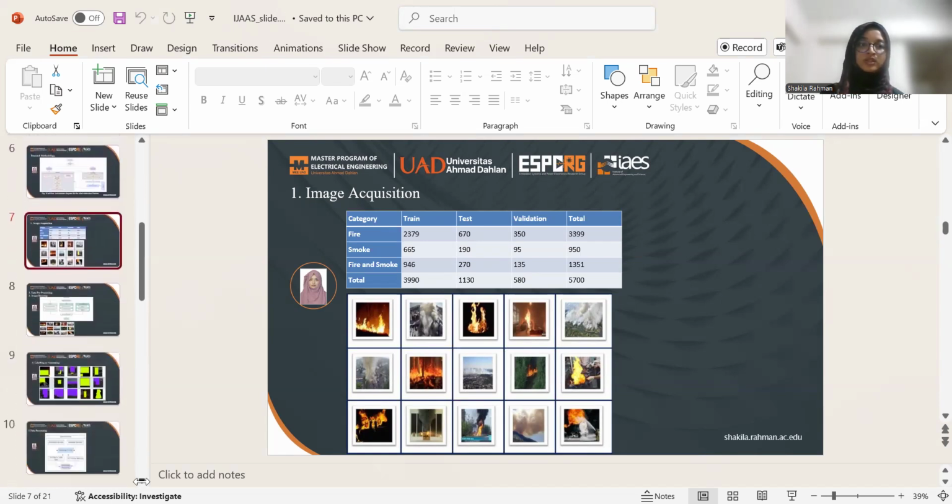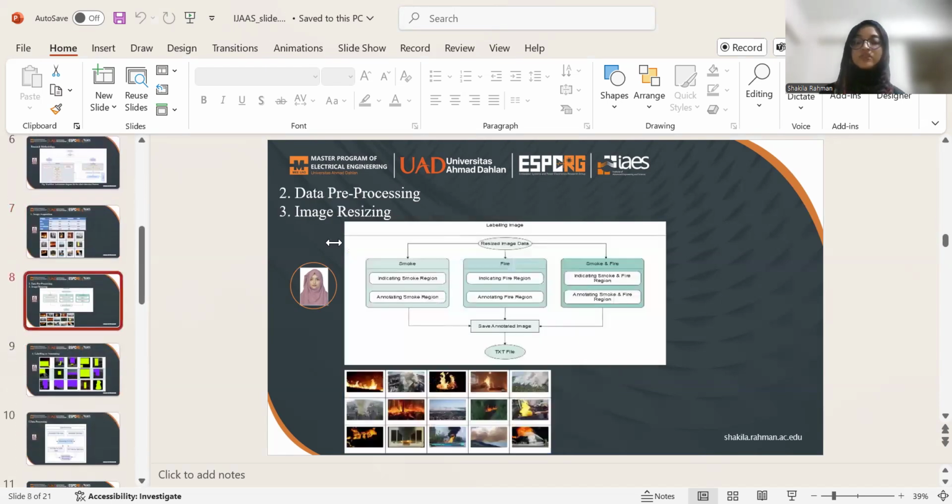Now moving to the next step. After collecting the dataset, we resized the data. These are the pre-processing steps. First we resize the data, then after resizing we annotate the data. While annotating, we used this step.